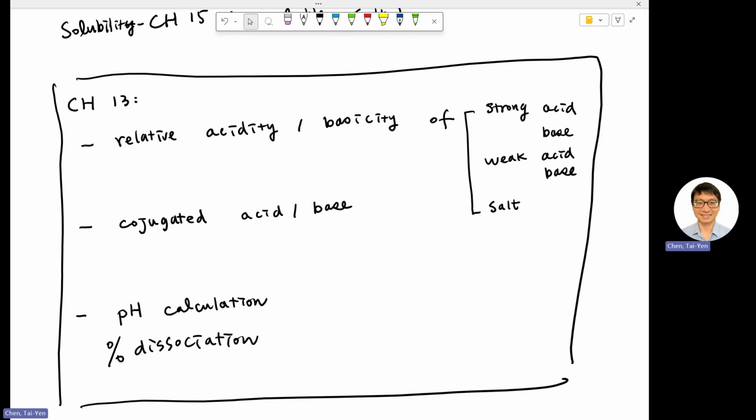Being able to read the text and know what you have is critically important. The other very important thing for this chapter is that we're going to get very familiar with conjugate acid and base pairs. After that will be the pH calculation and the percent dissociation. Those are the things that we will go through for the next 3 lectures.